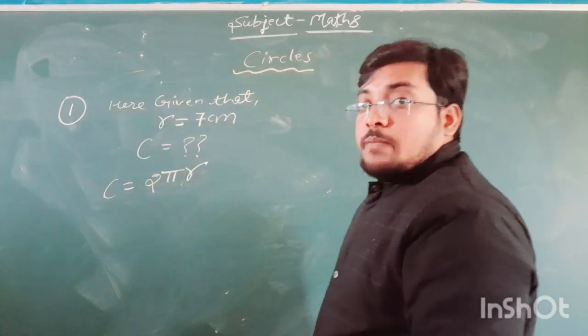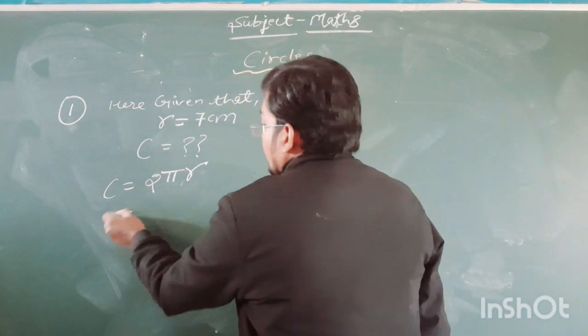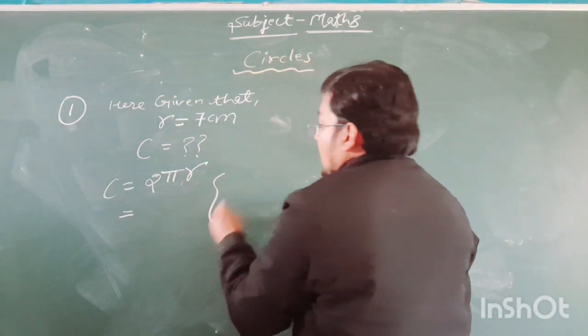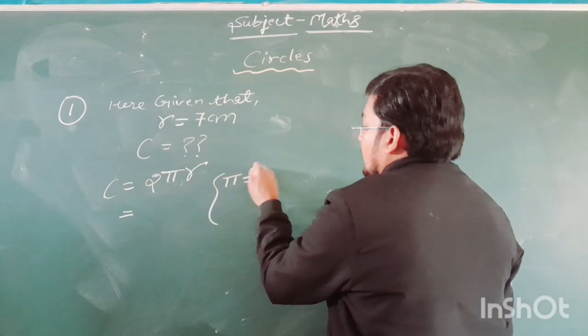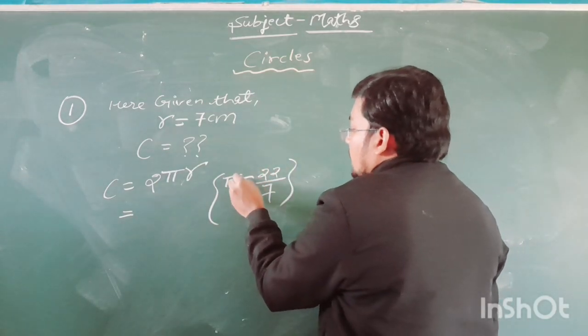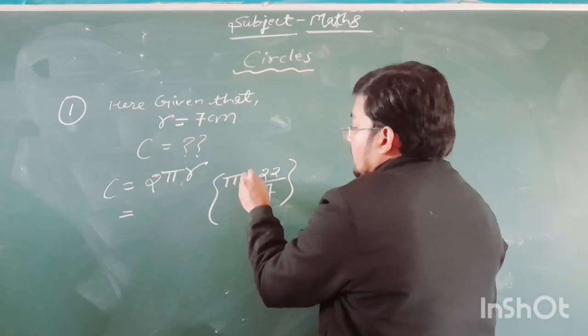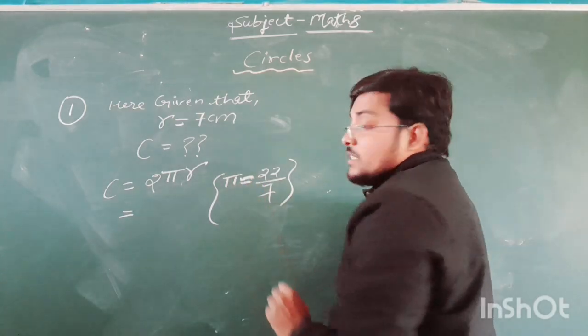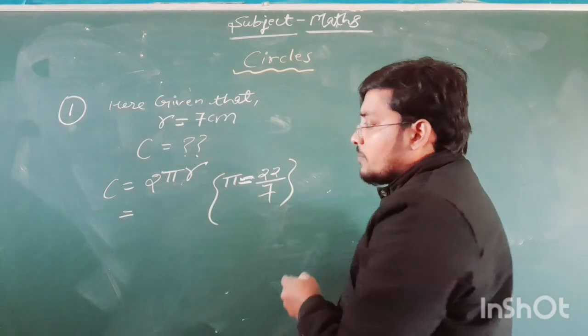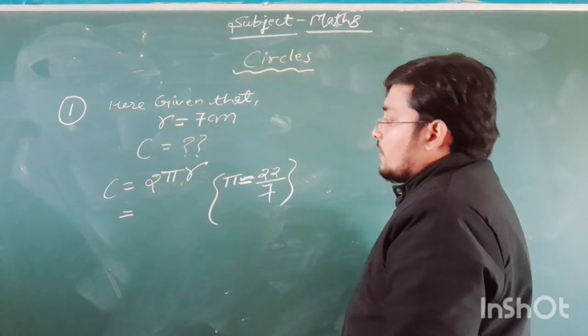2 pi R, which we know. Here the value of pi is 22/7, which is an approximate value of pi, and we use it for calculation.